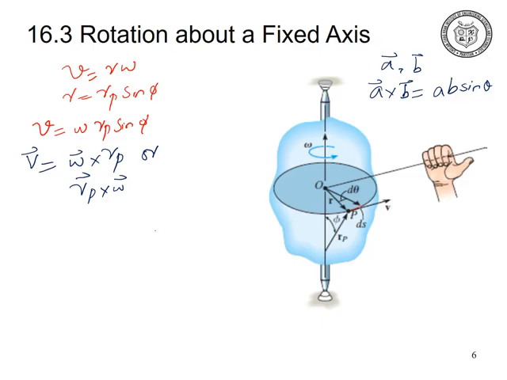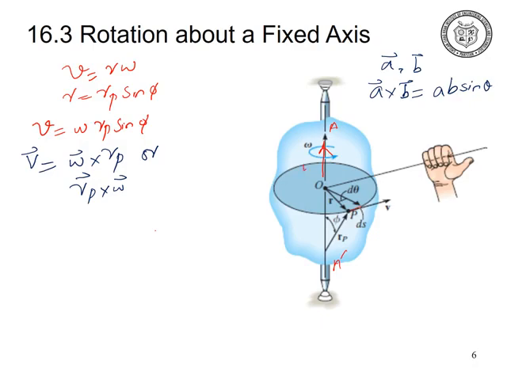This body is rotating about an axis, let us say this axis is a prime. This rigid body is rotating about this axis in an anti-clockwise direction with angular velocity omega. When you curl your fingers in the direction of omega, your thumb points in the direction of the omega vector. So the omega vector is acting along a prime.